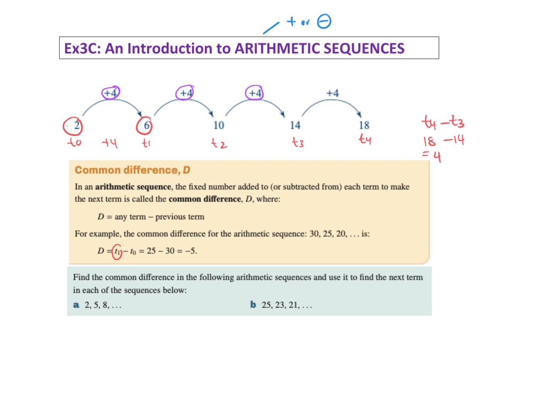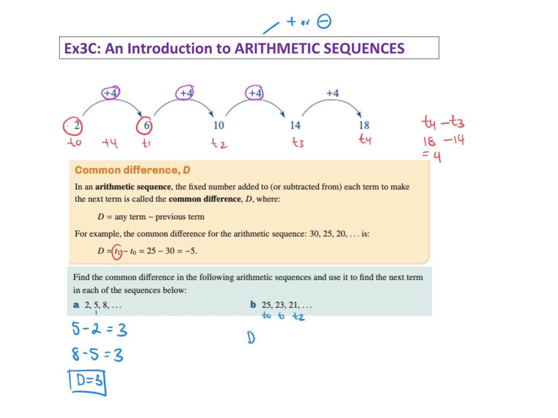Down here in these examples, it says find the common difference in these sequences. All you have to do is take 5, that term, and subtract the term before. So it's 3. And if you check, it should work when you do 8 minus 5, which is also 3. So D, the common difference, is a positive 3. Now, if you look up here, say that's T0, T1, T2.